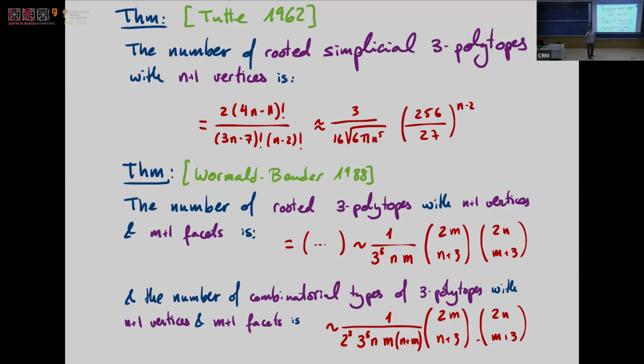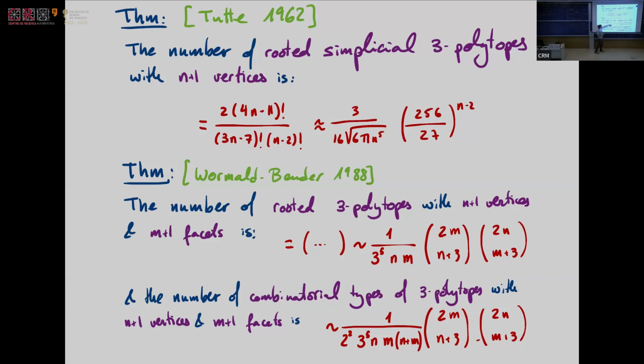So you want to kill symmetries, but if you root your polytope so that you're killing some symmetries and you're only looking at simplicial polytopes, he's not even giving an asymptotic approximation. This is a precise formula, an exact number. So this is the simplicial case.